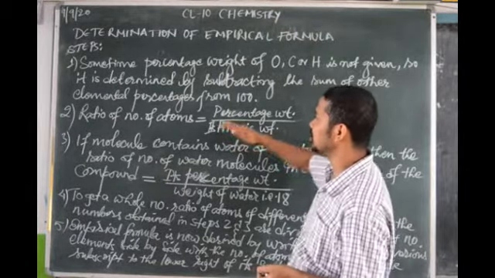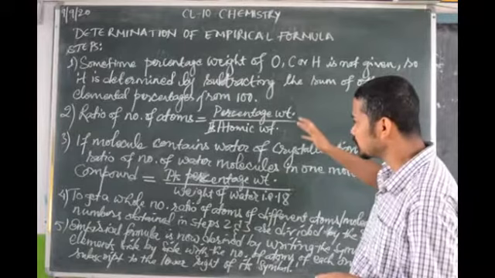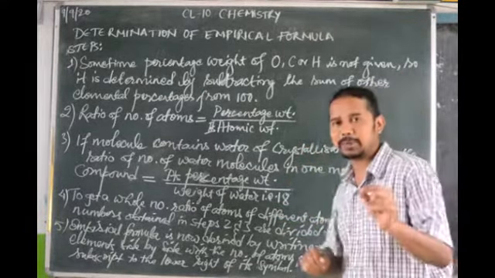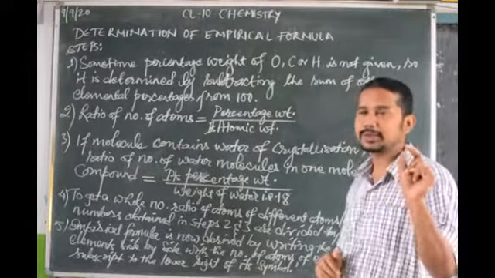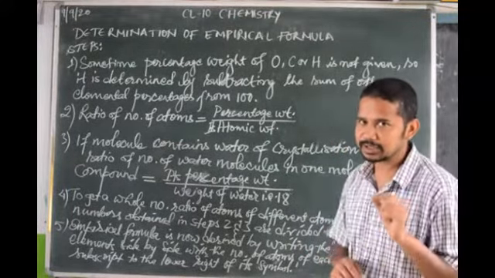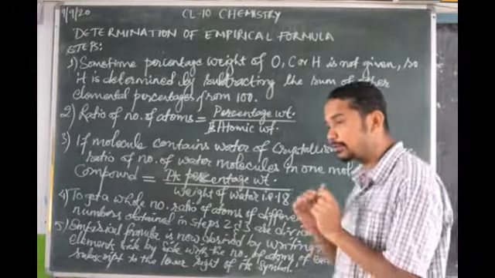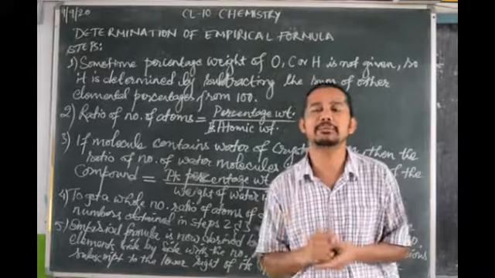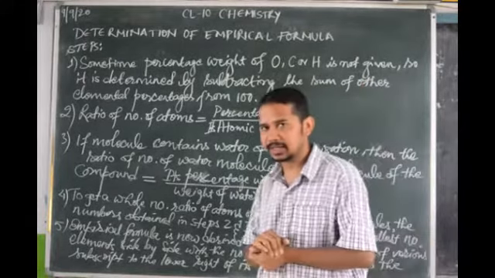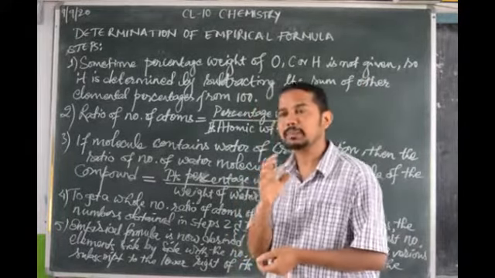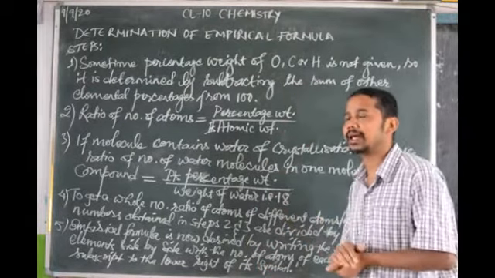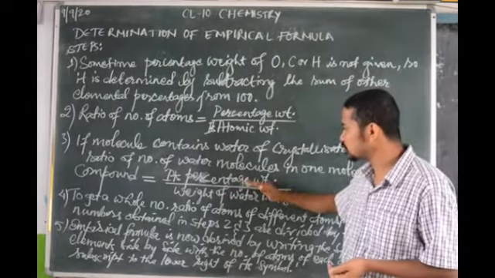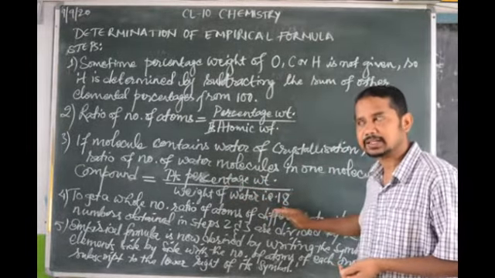After finding this ratio of number of atoms, we go to step 4 directly. But sometimes there are molecules which contain water of crystallization, and for those molecules, how do we find how many water molecules there are? The ratio of number of water molecules can be calculated by dividing its percentage weight by the weight of water, that is 18.